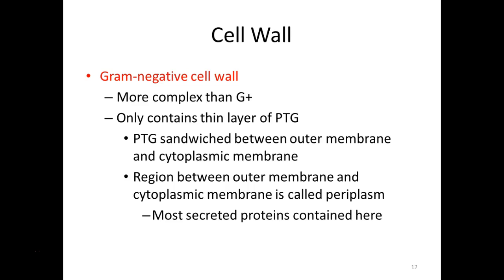So when we secrete things, they leave us, right? They leave the cell. So they go through the cell membrane, and they go into that space between the outer membrane and the cellular membrane. And in that space is a little bit of peptidoglycan, a little bit of rigidity and support.